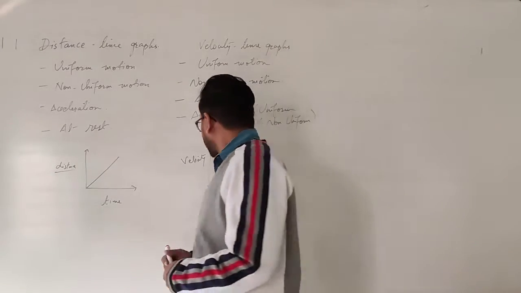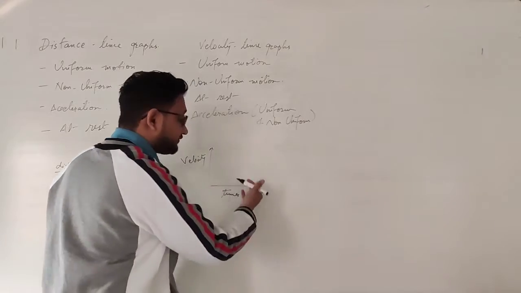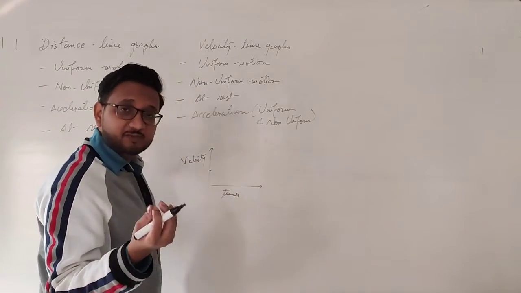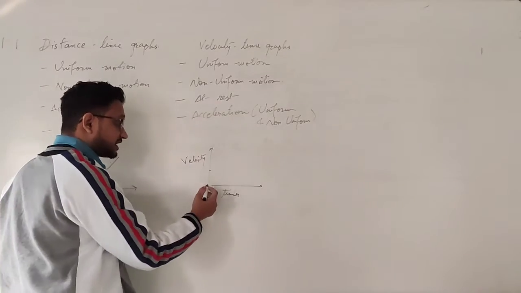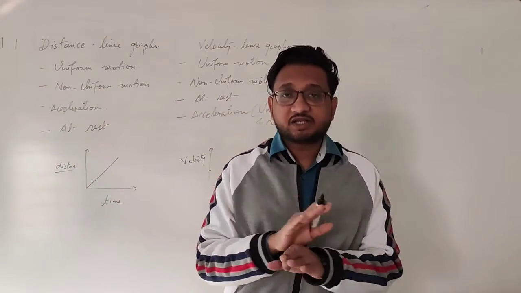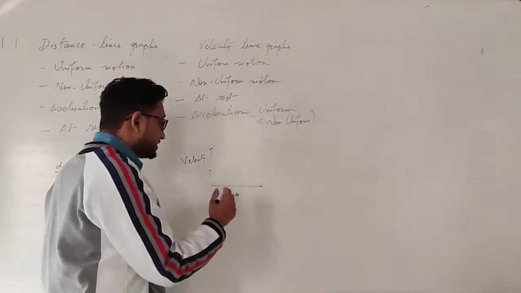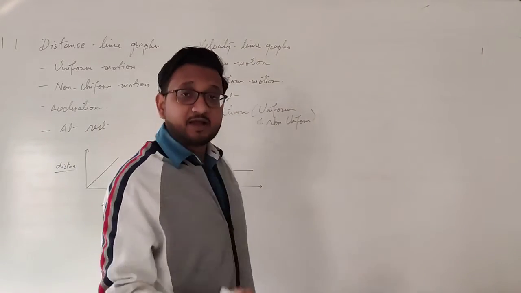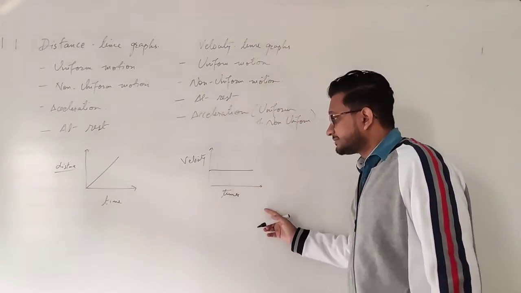So if we plot a velocity time graph, let's say the object is moving with 5 meters per second or 2 meters per second, whatever it is, the velocity is not changing. Hence, the velocity time graph of the object will be a straight line parallel to the x-axis.